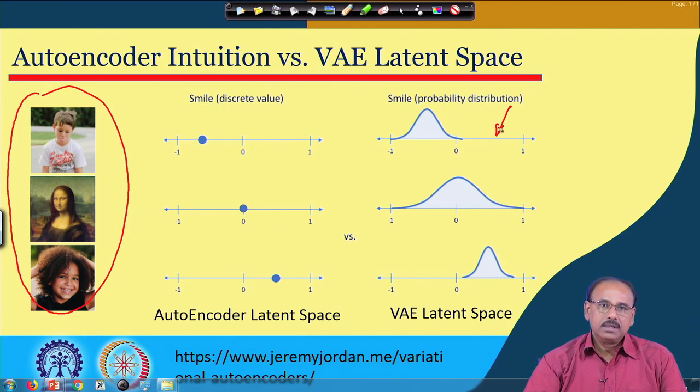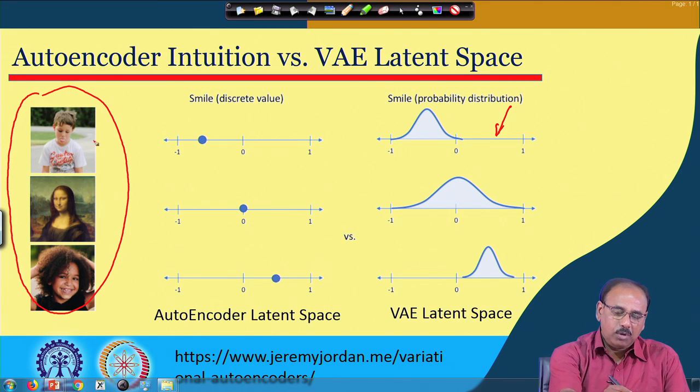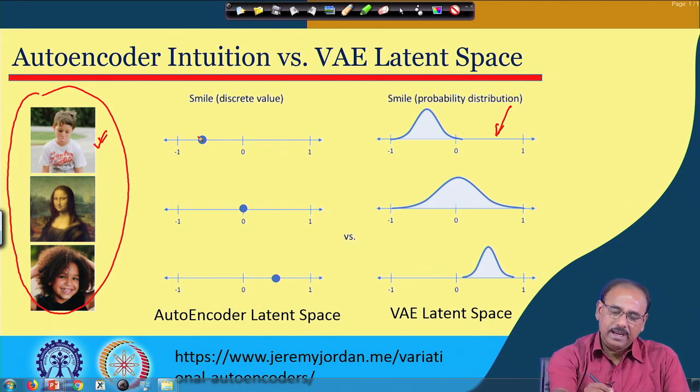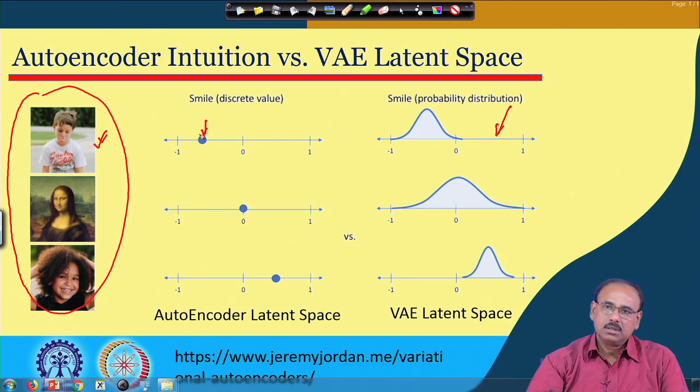For example, in this set of figures, if you look at the first image, you can't say that the boy is smiling, which is not very apparent. So, a traditional autoencoder assigns a very small value, in this case a negative value, to that particular attribute smile.